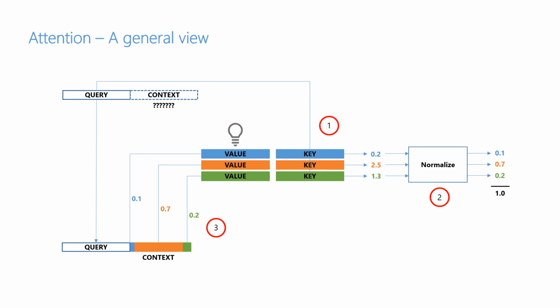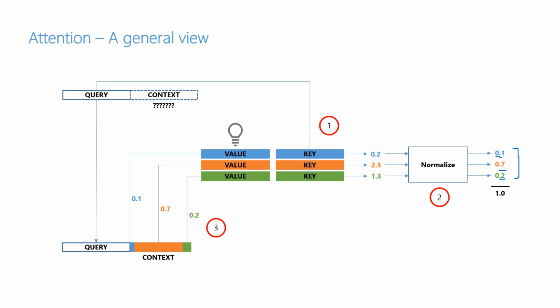Now that we have this probability distribution, what we can do is that we can use these weights to select each of the values in a proportion that is similar to its own weight.